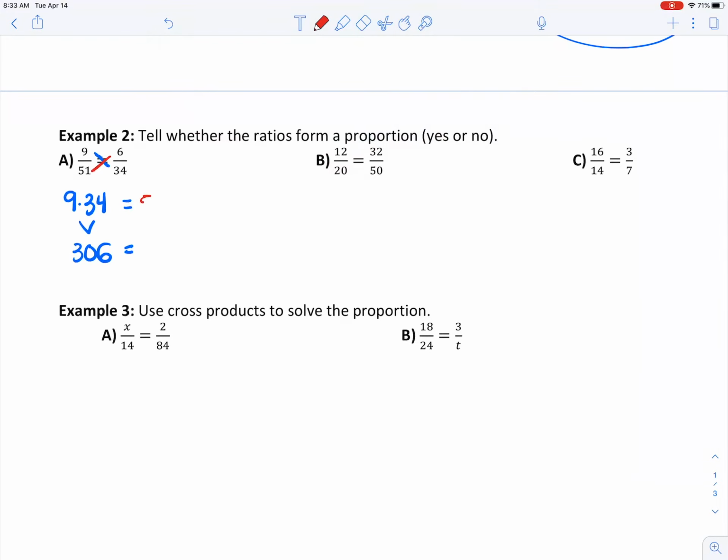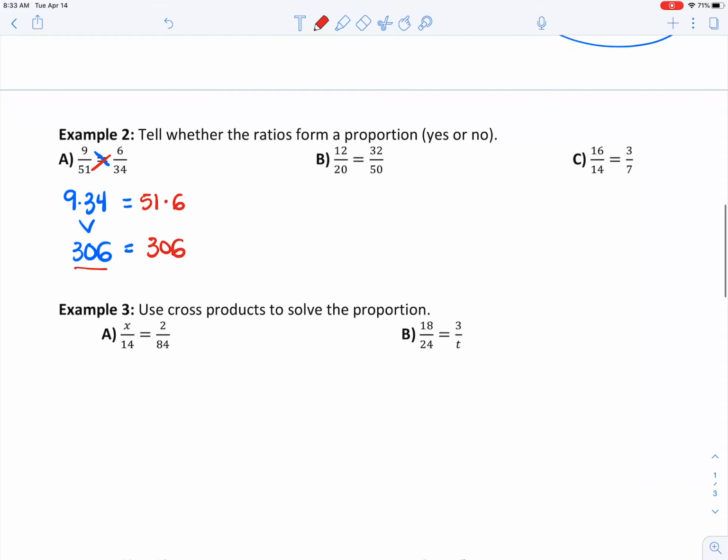Okay, now let's do the other cross product. So I'm going to do 51 times 6. 51 times 6. And using a calculator, 51 times 6 is 306. So does 306 equal 306? Yes, it does. So is this a proportion? Yes, it is.